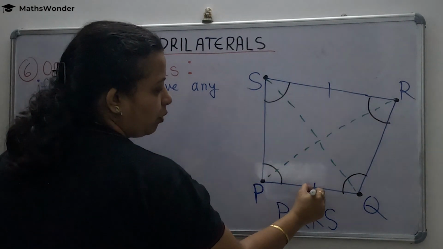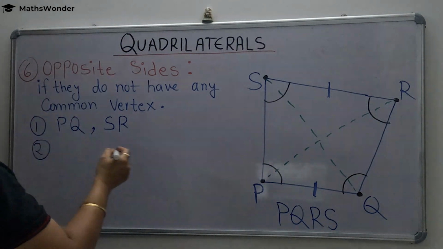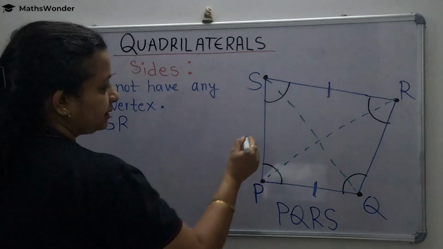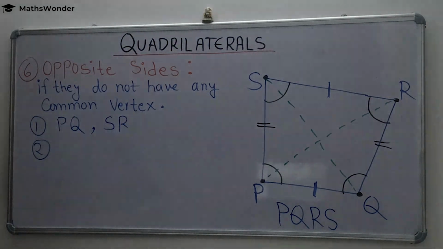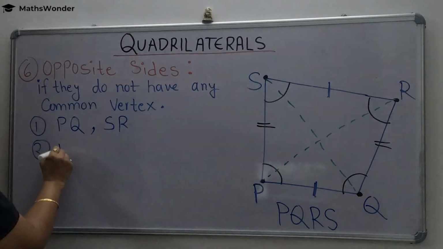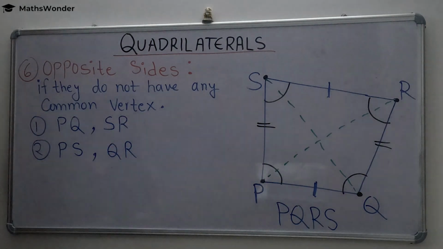These two sides are opposite. Now the other pair of opposite sides is this one. How will you write it? PQ and SR. The second pair is PS and QR. So we have only two pairs of opposite sides.